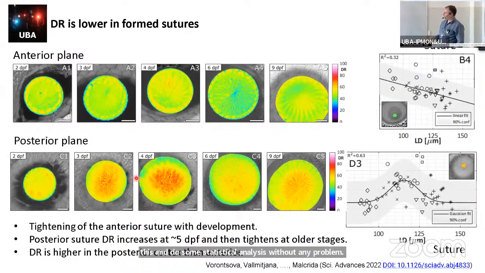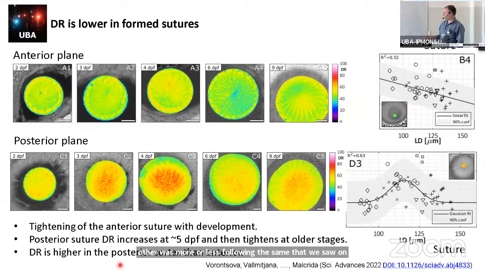Then we were interested in understanding what happened in the anterior and the posterior plane, because this is where these cells stick together. They call it the suture, where all the cells close in the superior and in the bottom. And there was a different behavior in the top, in the suture, and in the bottom. In the bottom, there was a biphasic behavior: low, high, and low, and the other was more or less following what we saw in the center.